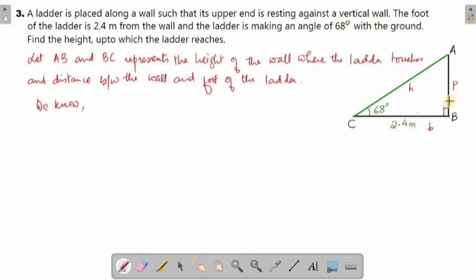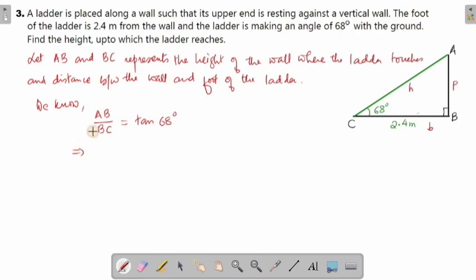Base is given. So perpendicular and base means we have to make use of tan again. Okay, so we know that P by B, or let's not write P by B, it will be better if I write AB by BC. Okay, so AB by BC is perpendicular by base, which is tan theta, and here the value of theta is given to be 68 degree. Remember this.